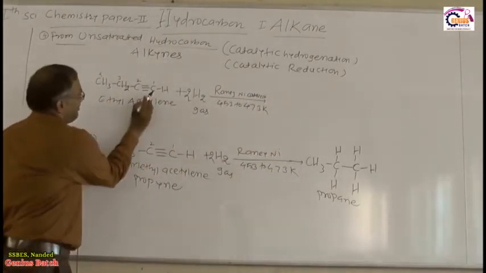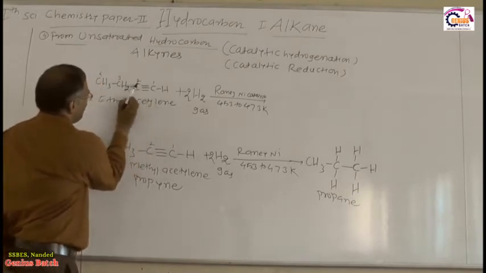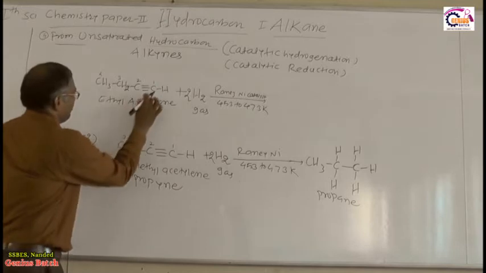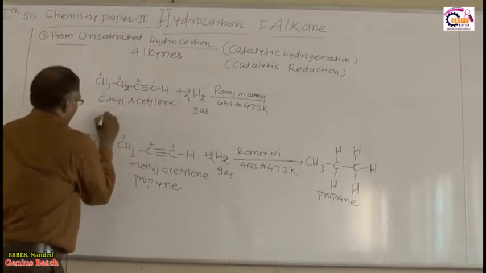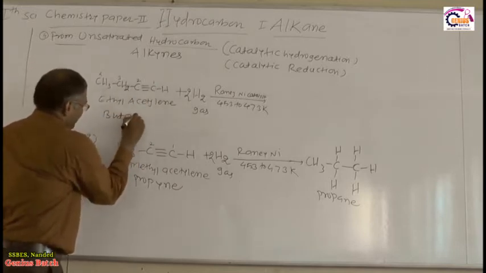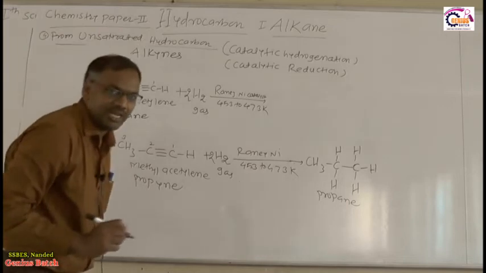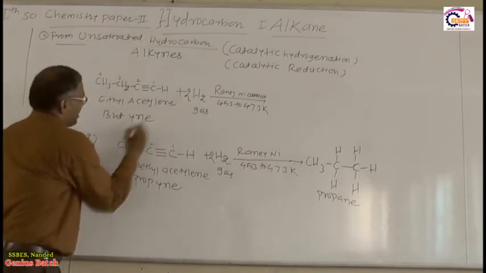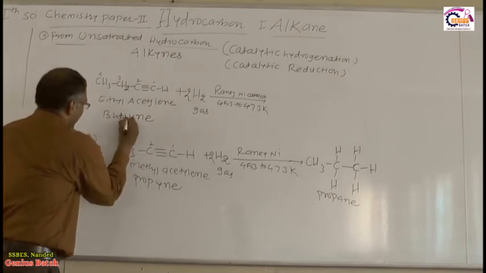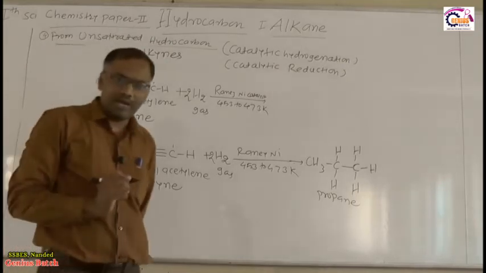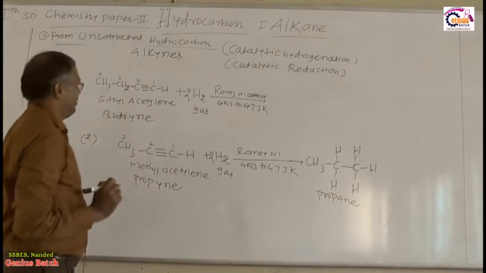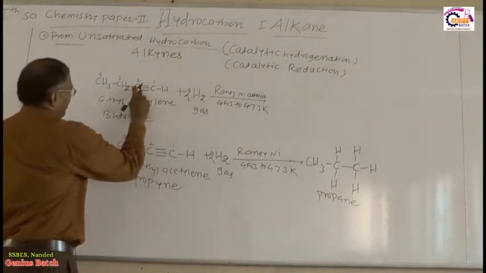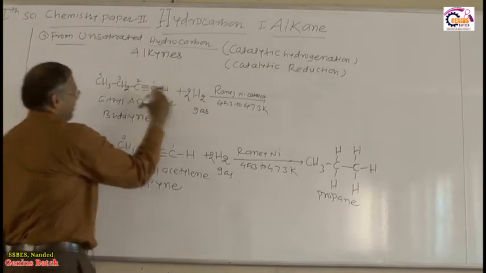What is the IUPAC name? Select the longest continuous chain: 1, 2, 3, 4, right? So there are 4 carbons, so the alkane will be butane. Then a triple bond is there, so it is butyne. The triple bond is present at position 1, so but-1-yne. One bond requires one hydrogen molecule, another bond requires another hydrogen molecule.